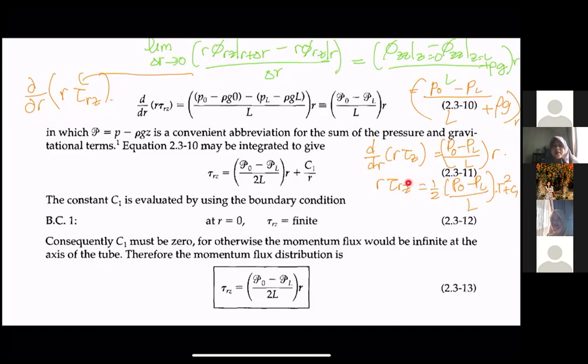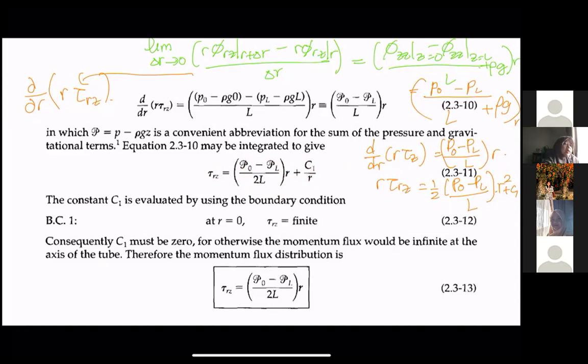Okay, and then we still have the term of R in here, so we have to divide both sides with R. So that becomes tau rz equal to the constant, and then this R squared becomes R, and C1 becomes divided by R. Again, we have to find the boundary condition.